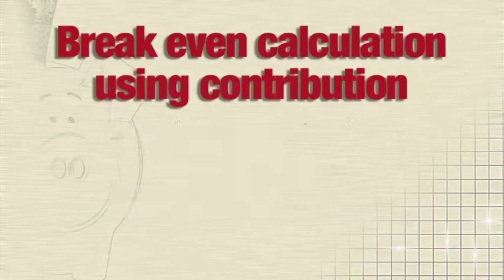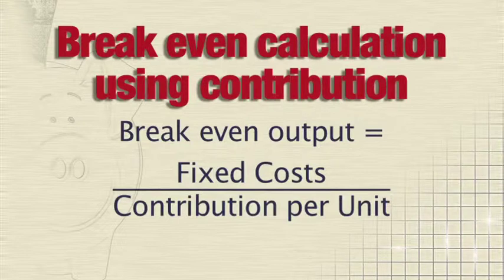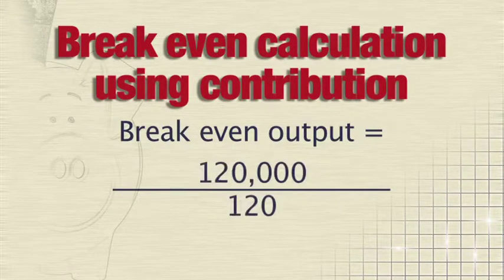How'd it go? Your answer should be 1,000 surfboards, and the way you worked it out should look like this. The break-even point equals the fixed costs divided by the contribution per unit. So if you put the figures in, you get this. The break-even point equals 120,000, which are his fixed costs, divided by 120, which is the contribution.